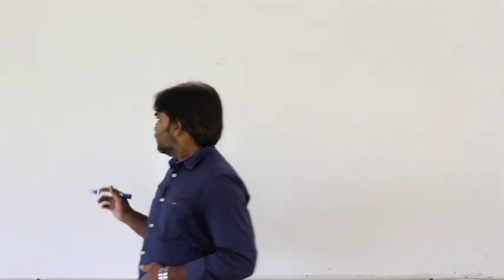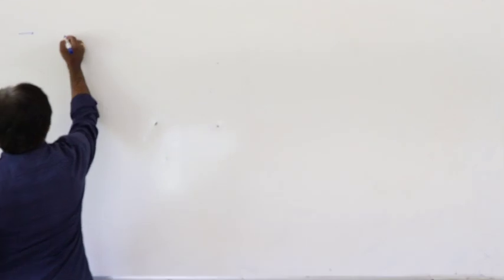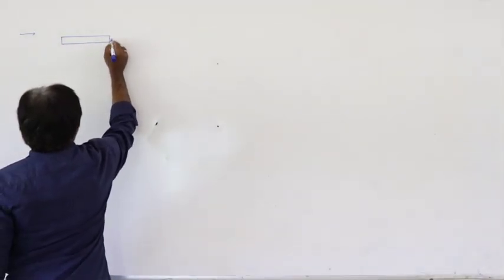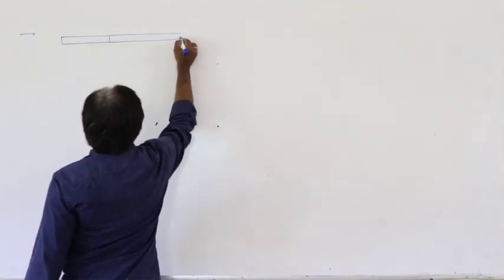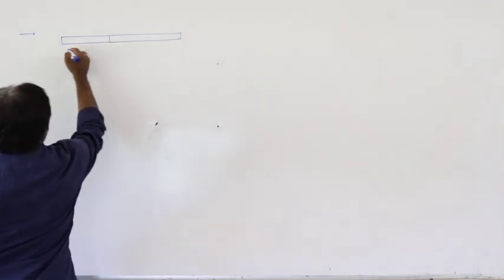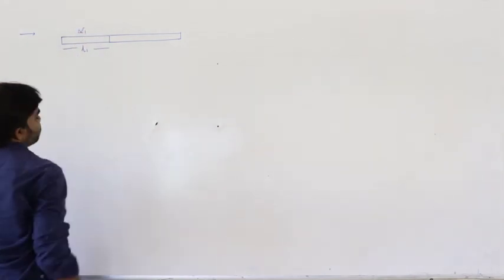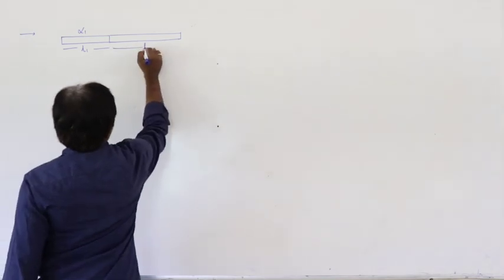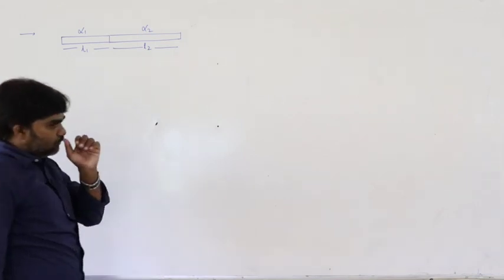So today we can discuss, let us consider two rods joined end to end. Let us say the length of the first rod is L1, its coefficient of linear expansion is alpha 1, and the length of the second rod is L2, its coefficient of linear expansion is alpha 2.